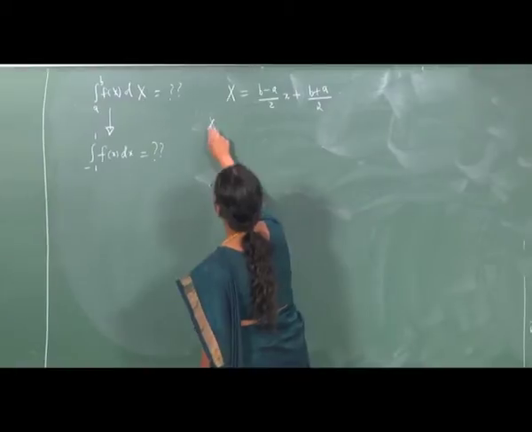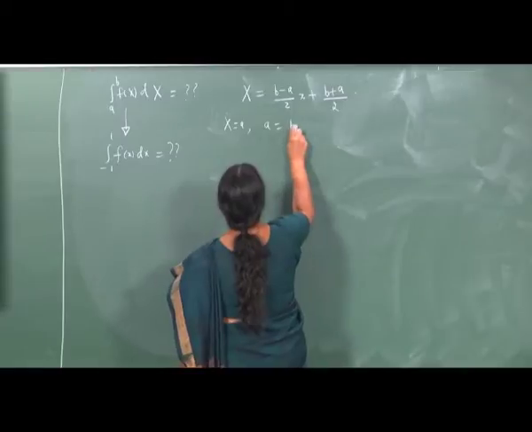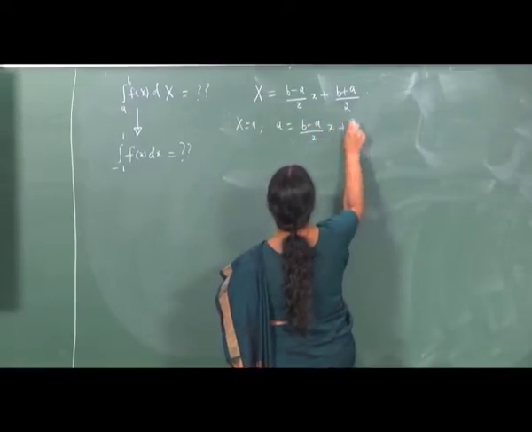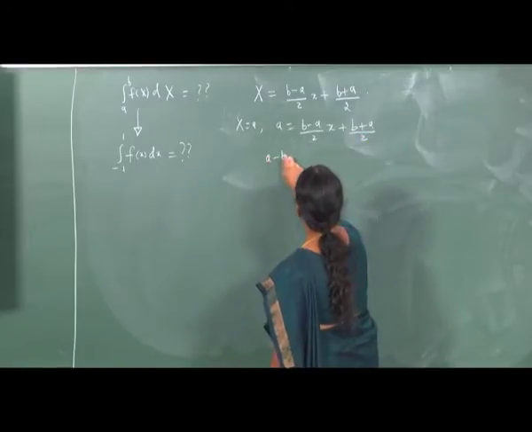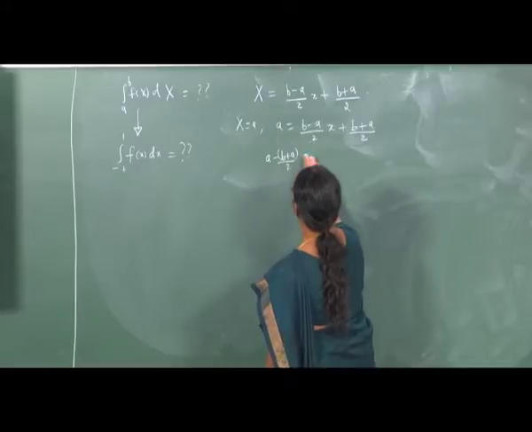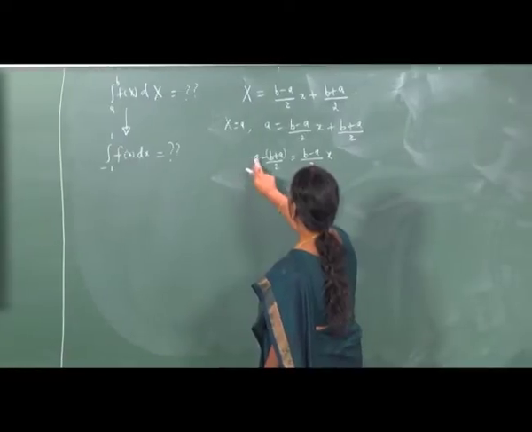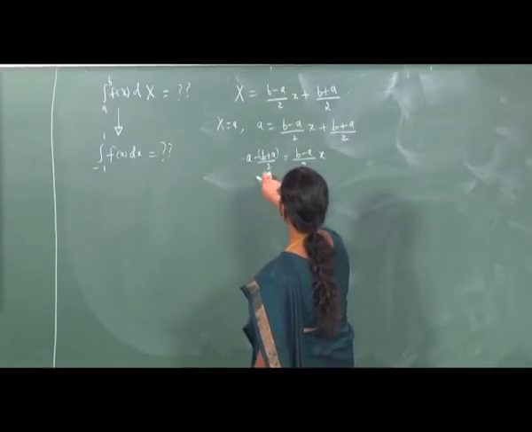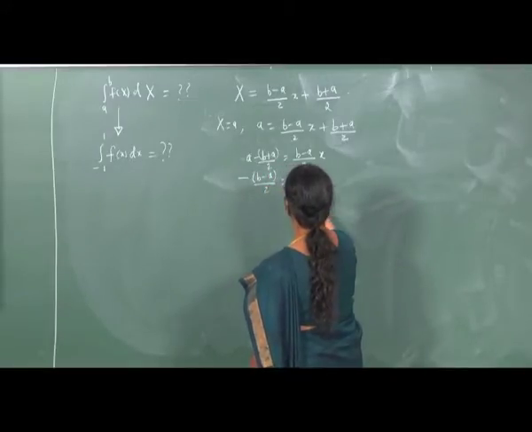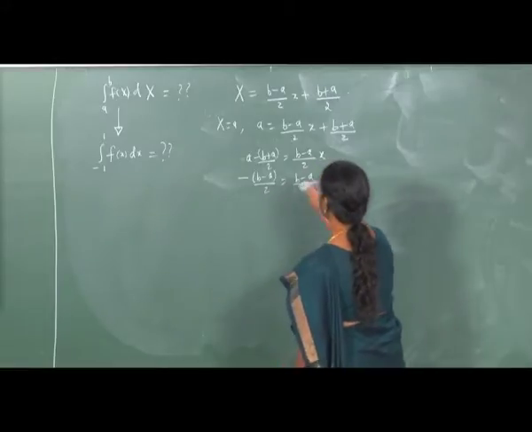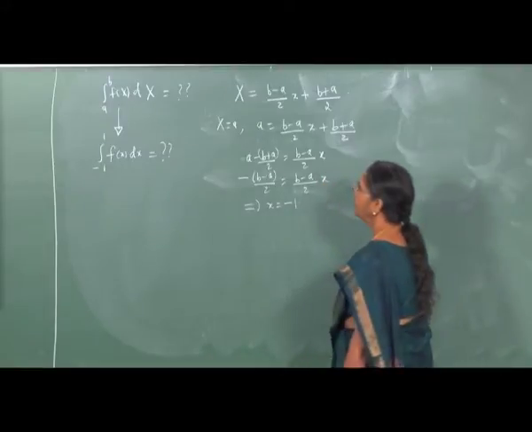So, when x takes the lower limit value a, then we have a equal to b minus a by 2 into x plus b plus a by 2. So, we have a minus b plus a by 2 is b minus a by 2 into x. So, we have a minus a by 2 minus b by 2, which is minus of b minus a by 2, and that tells that x takes the value minus 1.